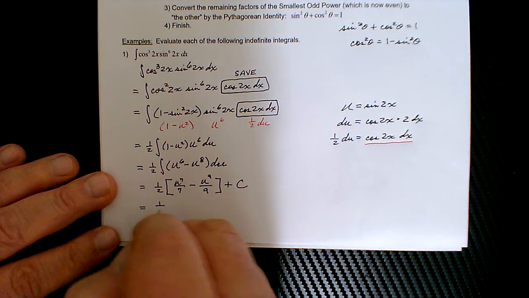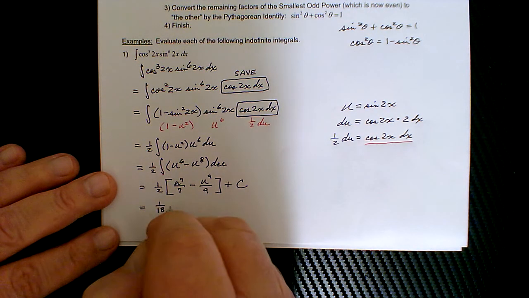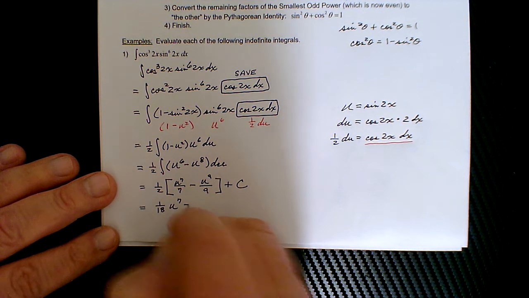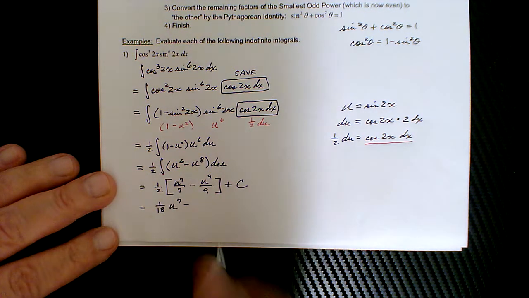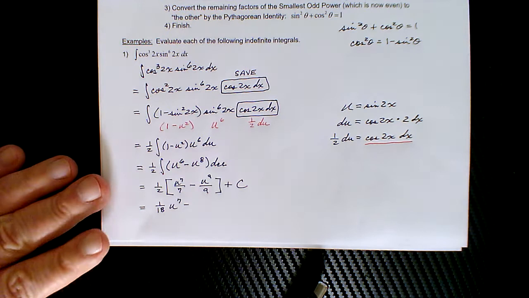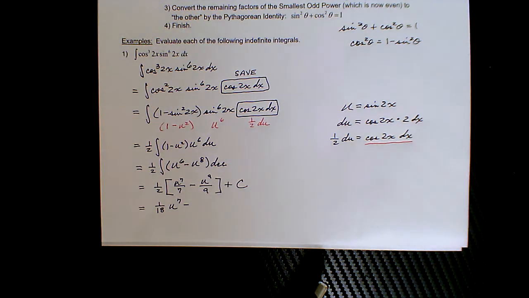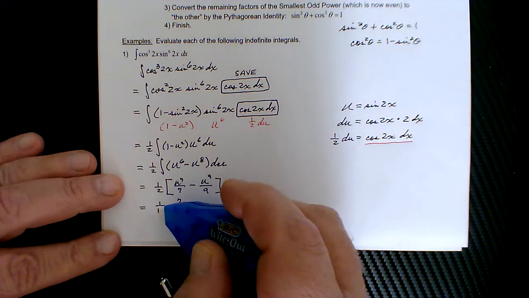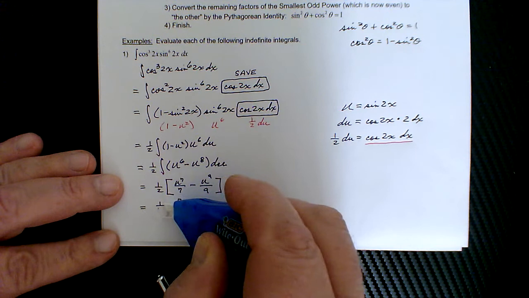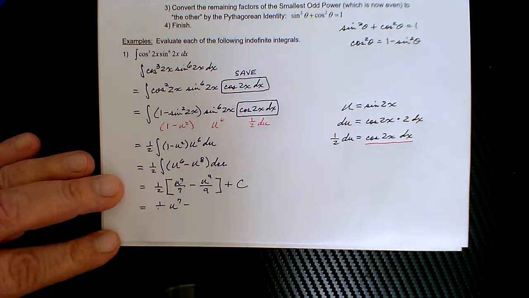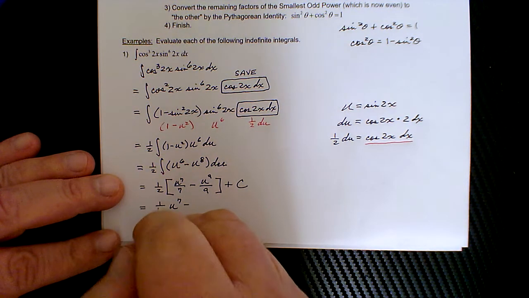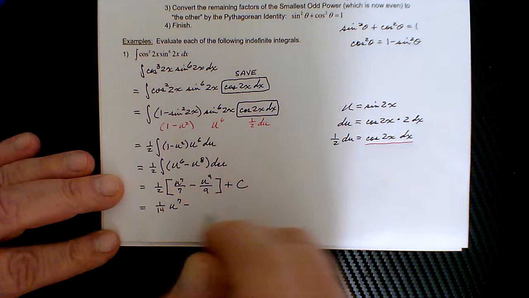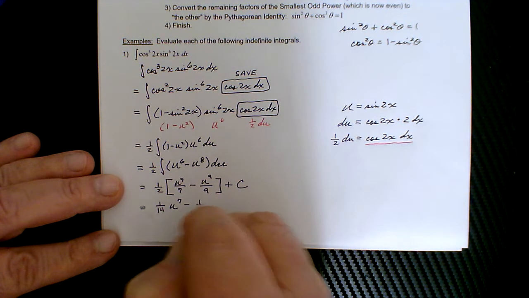And finally distribute 1/2. So 1/14th u to the 7th, and then we get the minus 1/18th u to the 9th.